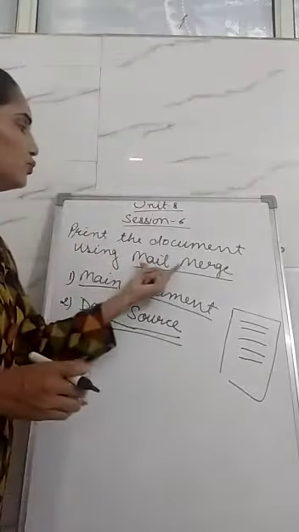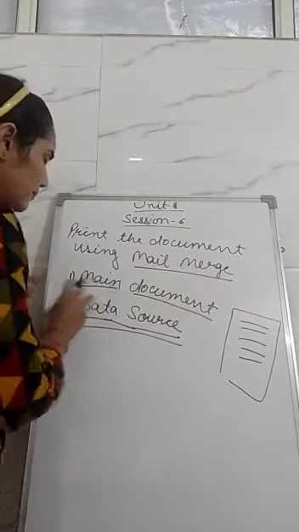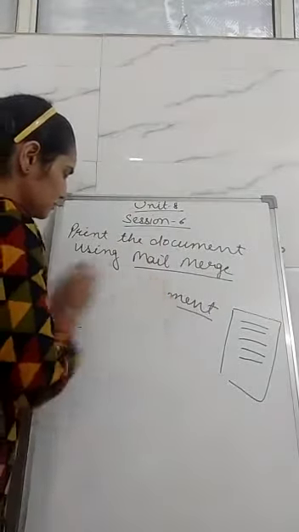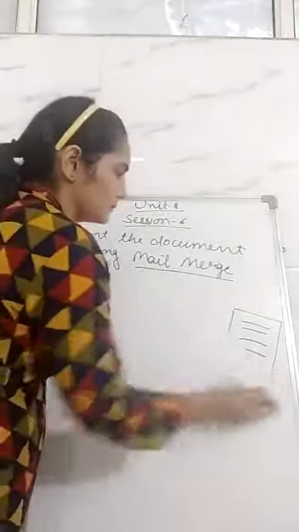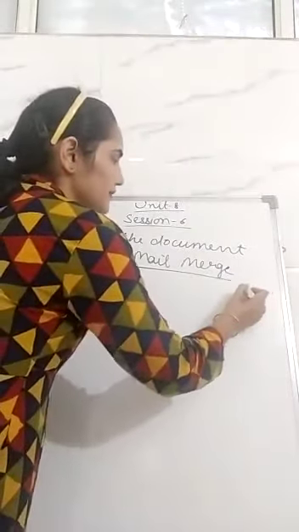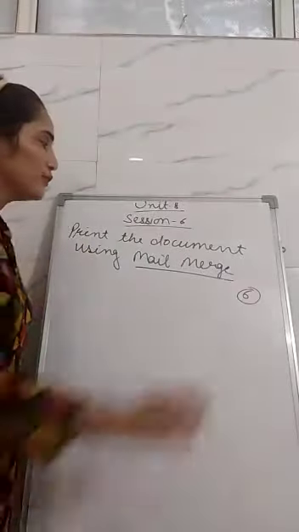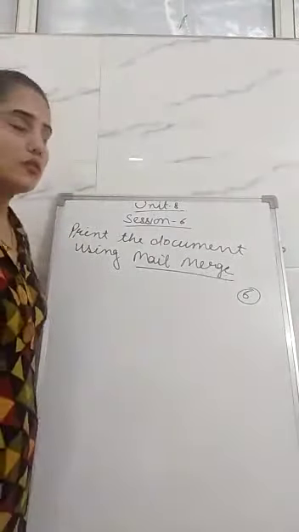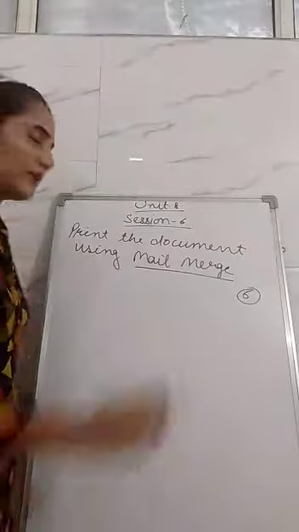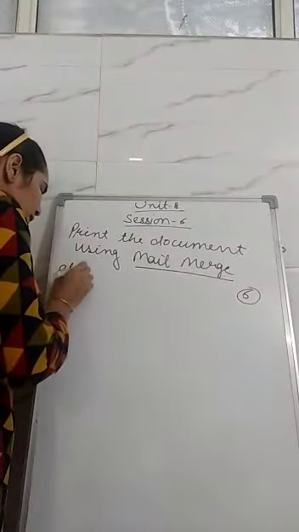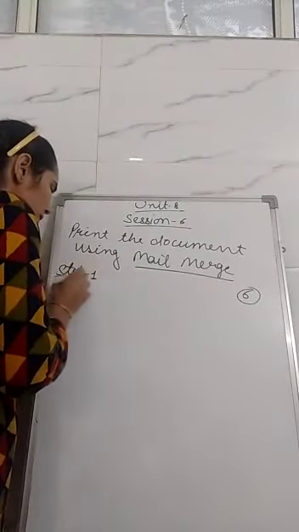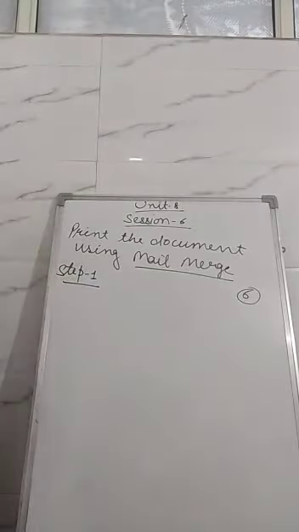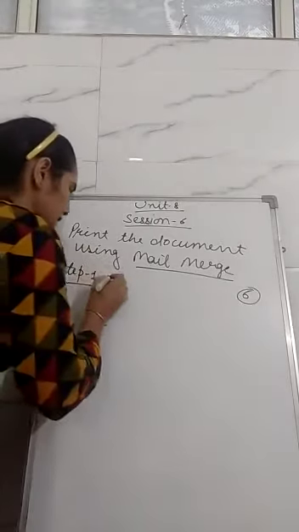Now let's do the steps of how to perform mail merge. There are basically 6 steps. If we want to perform mail merge, then there are 6 steps. Come to the first step, that is step number 1. First step is select starting document.